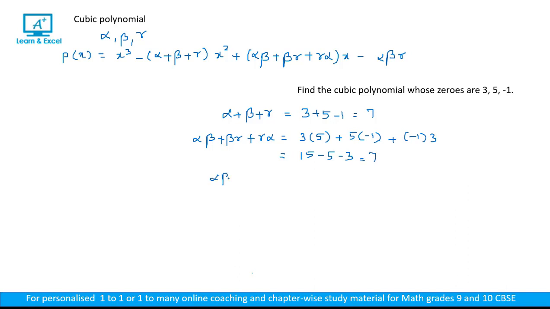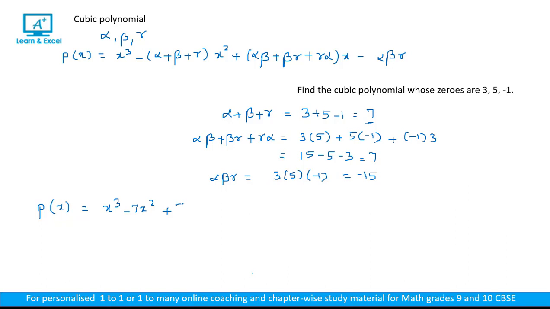Now let us find alpha beta gamma, which is 3 into 5 into minus 1, which is equal to minus 15. Let us write all this in the p of x equation. So p of x equal to x cube minus alpha plus beta plus gamma is 7. So we'll have 7x square, again plus alpha beta plus beta gamma plus gamma alpha equal to 7.